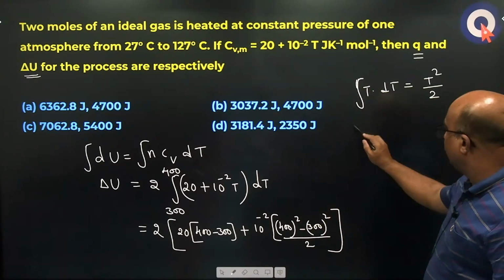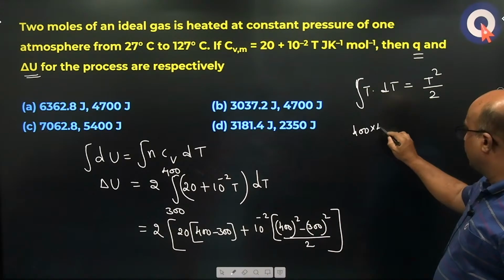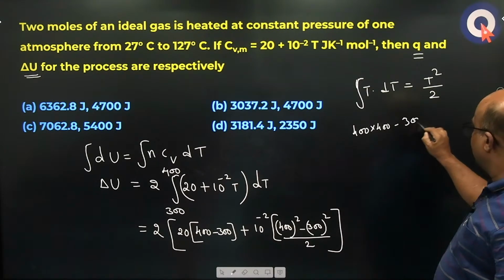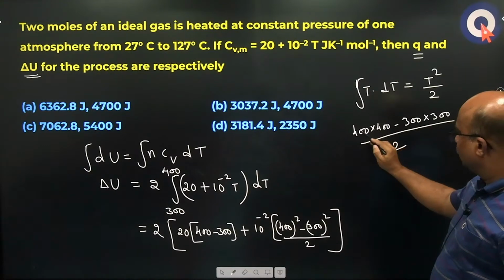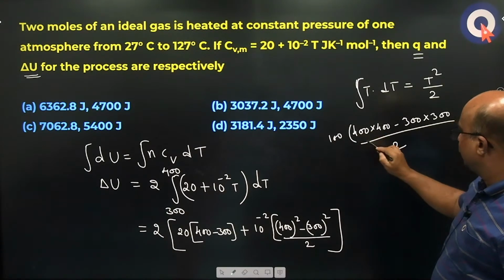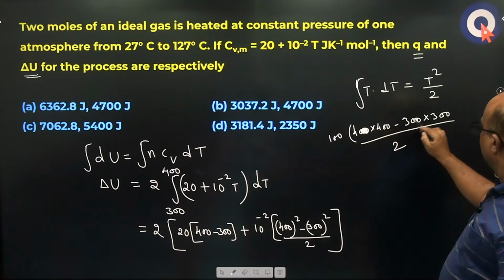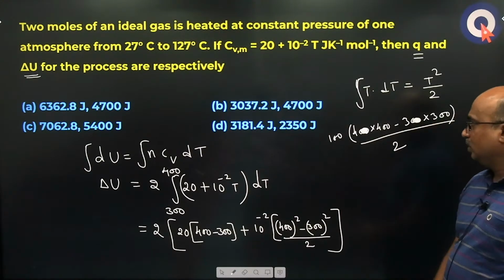So it is nothing but 400 into 400 minus 300 into 300 by 2. This 100 you are taking outside. In this 100 will go, in this 100 will go. That is what we have done.